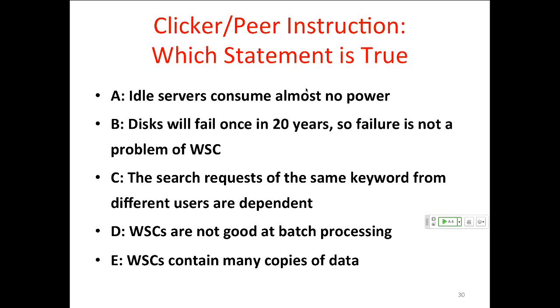Actually, they are very good at batch processing. So the next topic is related to this. And also, warehouse scale computers contain many copies of data. Yeah, this is the answer, to improve parallelism and to cope with a high number of failures in the system.